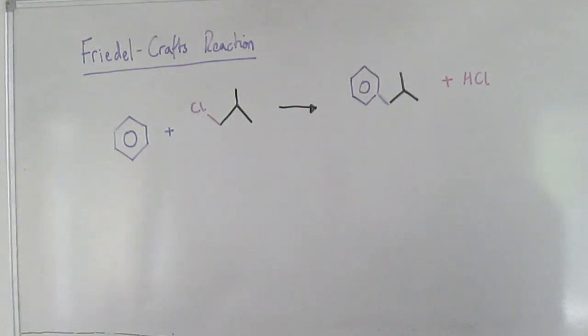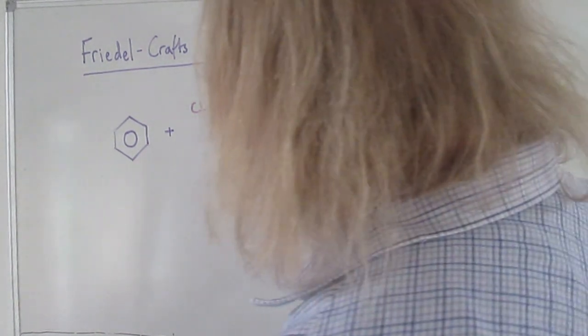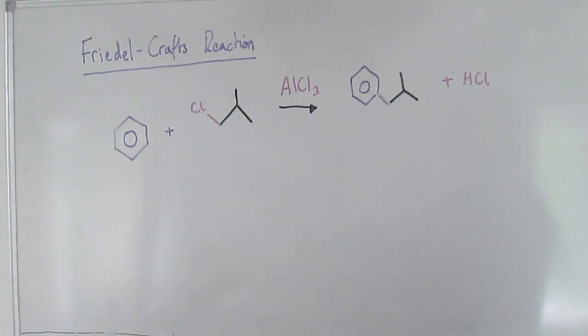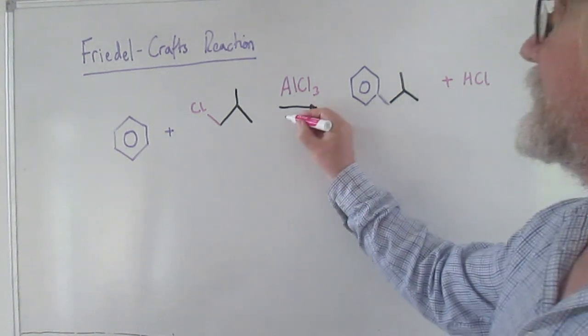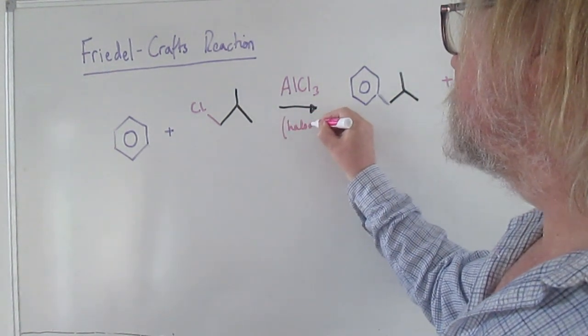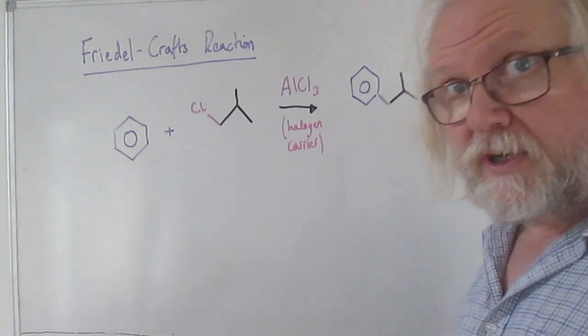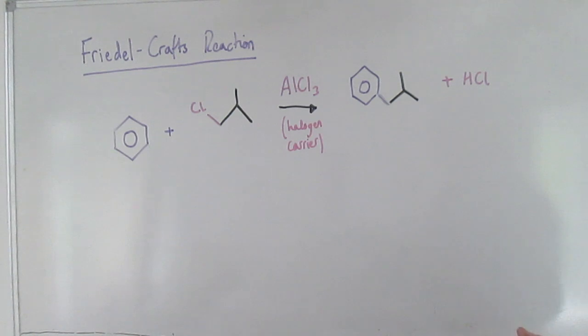So how do you do it? Well, you need a catalyst, because this compound is nowhere near electrophilic enough to react on its own. And the catalyst you use, interestingly, is one you're familiar with already, which is AlCl3 or FeCl3. In other words, it's a halogen carrier catalyst. So it works in the same way as it does when it's catalyzing the reaction of chlorine with benzene.